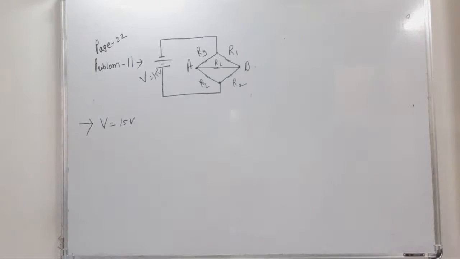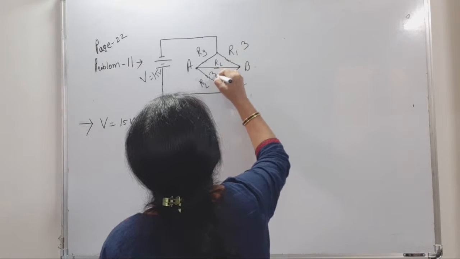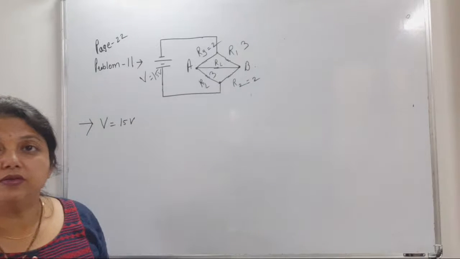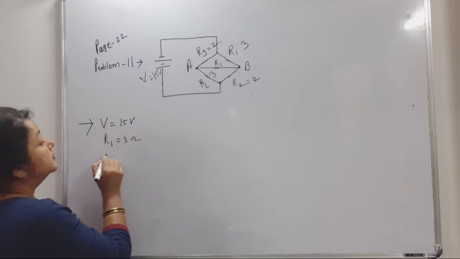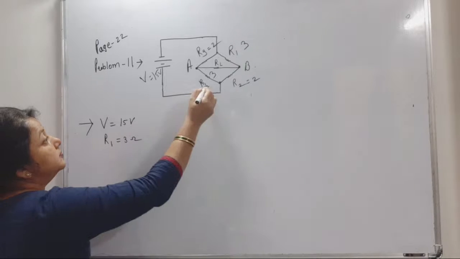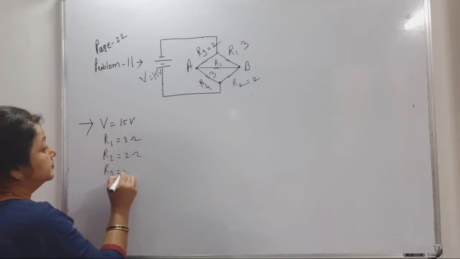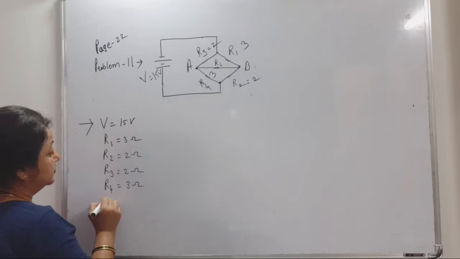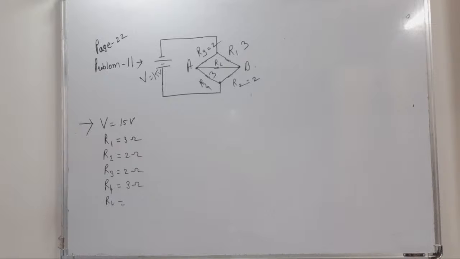And what are the values of R1, R2, R3? 3, 2, 2, 3. Okay. RL is what? 1 ohm.